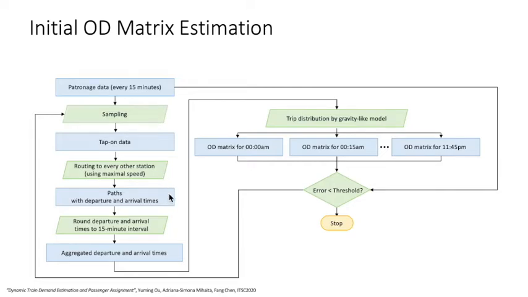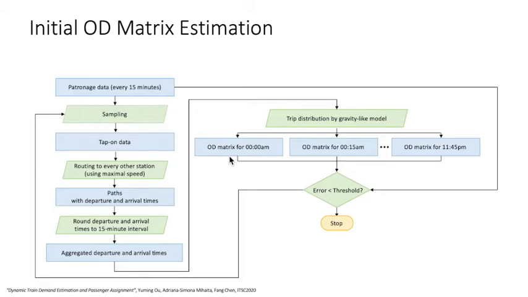After we get the path, we round the departure time and arrival time to 15 minutes intervals. And then we do the trip distribution by a gravity-like model to calculate the time-dependent OD matrix. Time-dependent means each OD matrix is for a 15 minutes time interval.